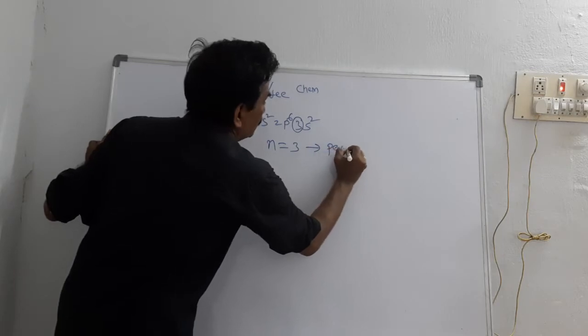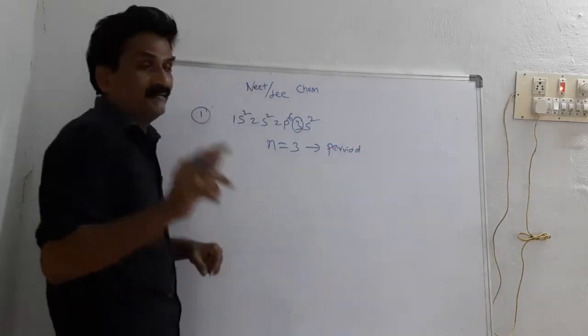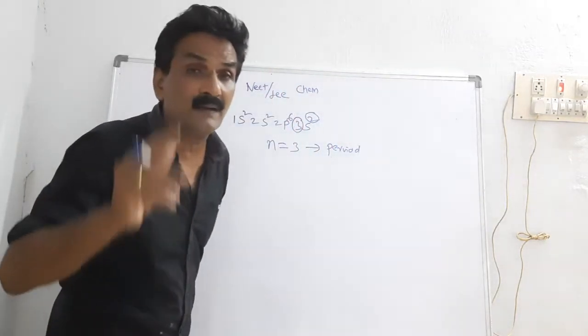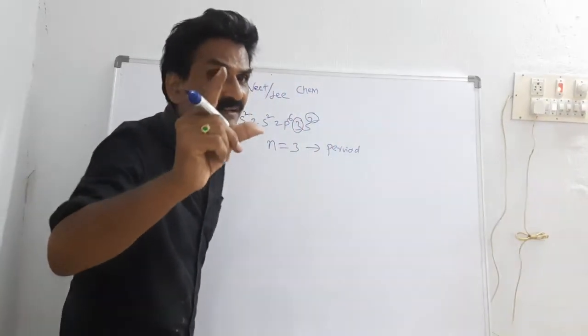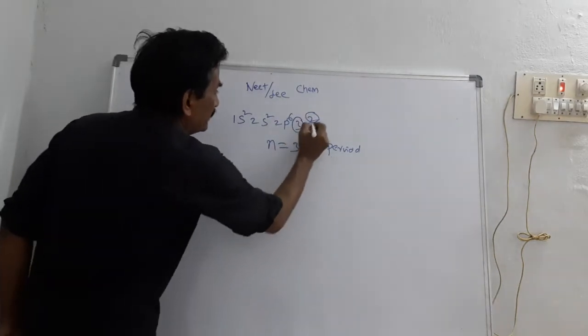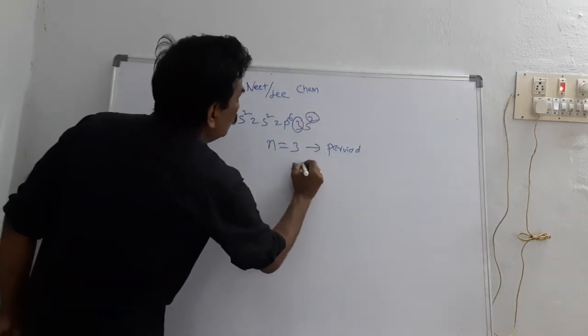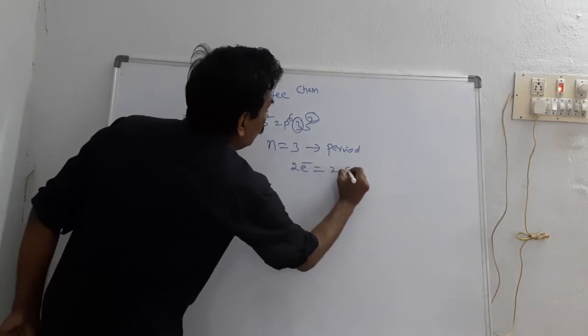Please note it. At the same time, the number of electrons in the s orbital, that is the valency shell, is 2 electrons. So that belongs to the second group.